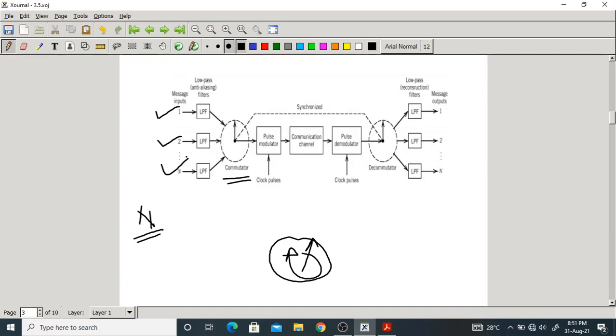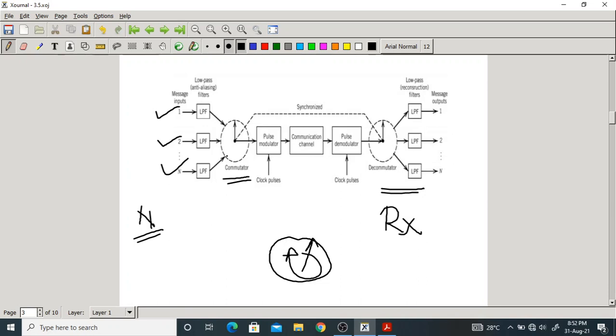I will explain later. After that, they will be modulated and transmitted over a channel. They will be demodulated, and at the receiver side we have the reverse of the commutator, called the decommutator. It does the reverse operation, and finally we again have low pass filters for reconstruction, and these are the outputs.